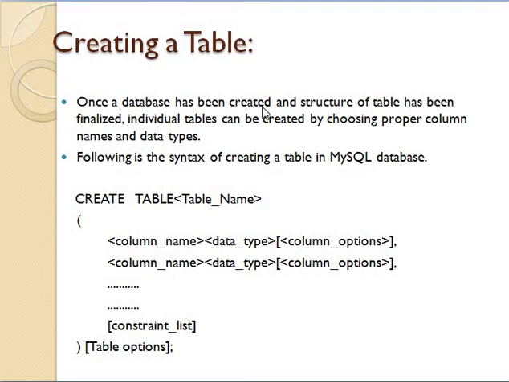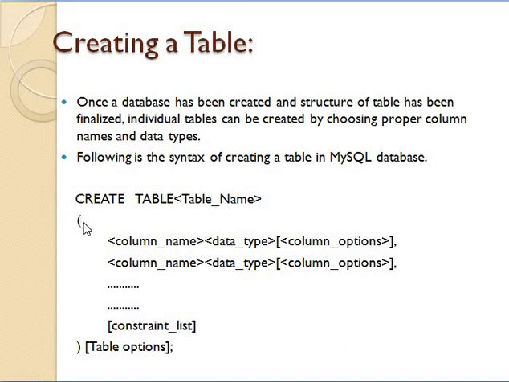Once a database has been created and the structure of the table has been finalized, individual tables can be created by choosing proper column names and data types. Following is the syntax of creating a table in a MySQL database. The syntax starts with the keyword create table followed by the name of the table that you have to specify here.